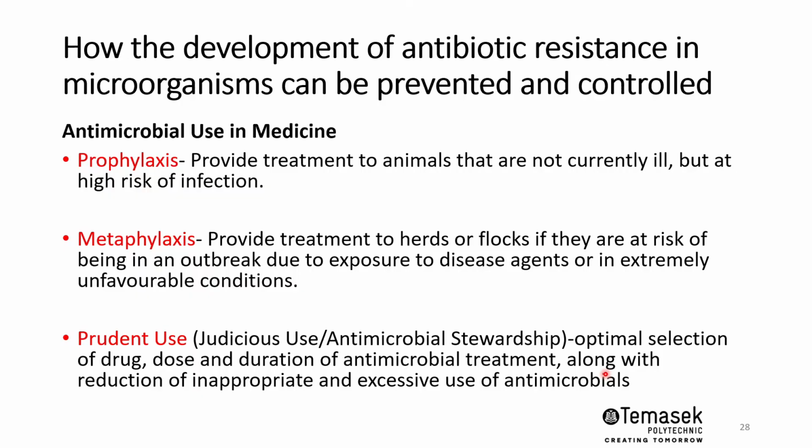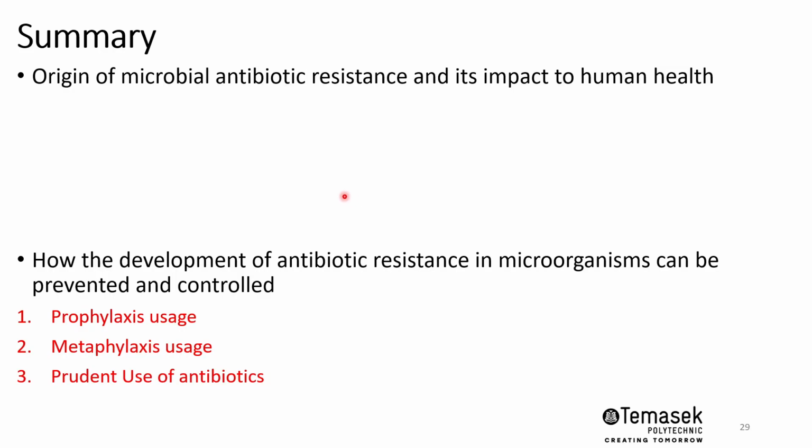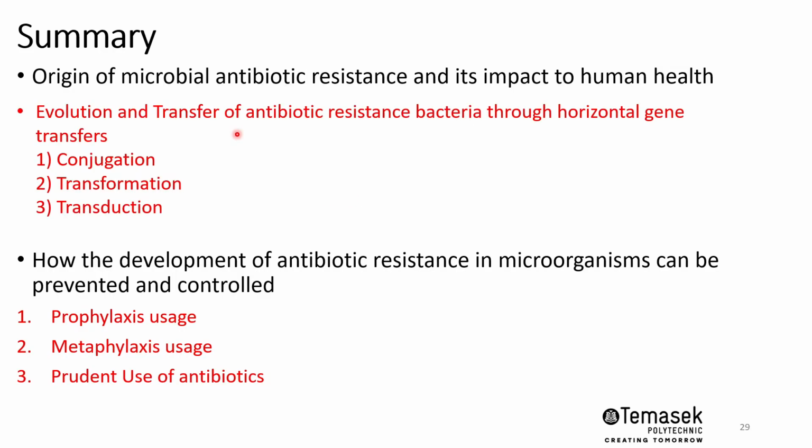So in summary, we have talked about the origin of microbial antibiotic resistance and how it impacts human health. Right. So evolutionally, these AMR genes are transmitted through horizontal gene transfer between bacteria. Here we are looking at methods such as conjugation, transformation, and transduction. All right.